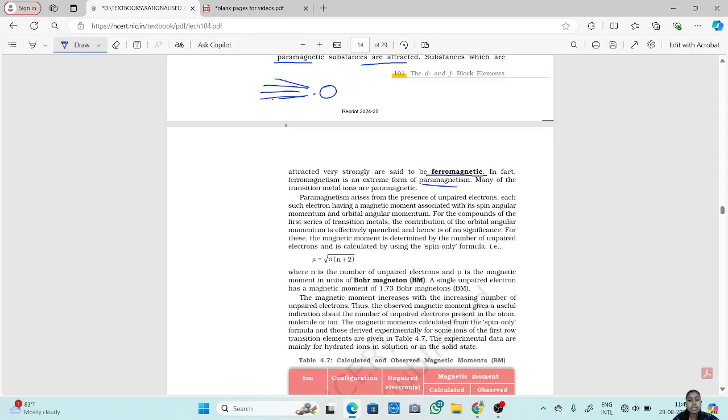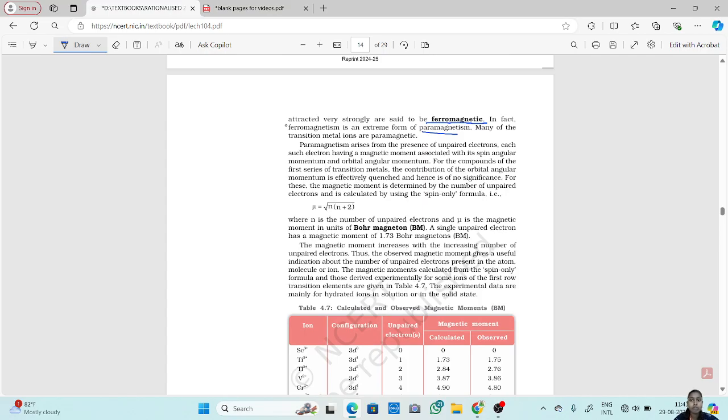Paramagnetism is mainly followed by the transition metals. Transition metal ions are paramagnetic in nature. Why are they paramagnetic? Their paramagnetism arises from the presence of unpaired electrons.